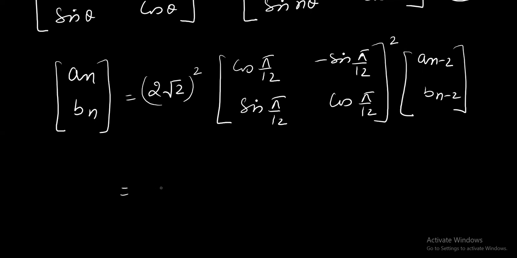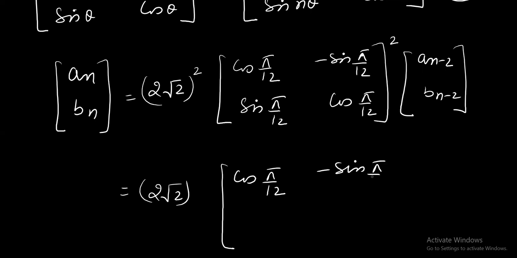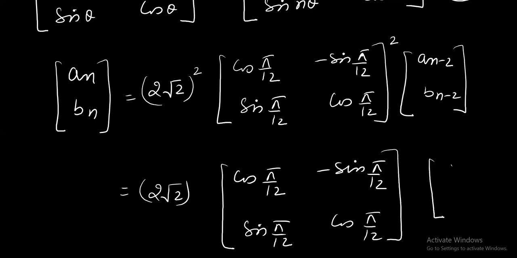What we are going to write on the right hand side now is 2 root 2 power something, and the matrix cos pi by 12, minus sin pi by 12, sin pi by 12, cos pi by 12, whole raised to the power something, times a1, b1. Now how can you write a1? You can write a1 as a_(n-(n-1)), right? And this is b1. So this n minus 1 indicates that the index should be n minus 1 over here.